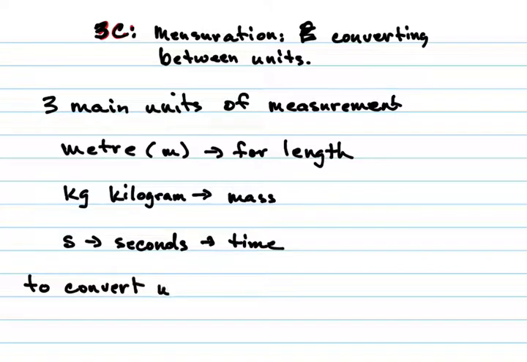So what we're going to do, first of all, is to convert units. You need to think about, are you going from larger units to smaller units or smaller units to larger units? If you're going from large to small, then what's going to happen is, instead of a few big pieces, you're going to have lots of smaller pieces, right?